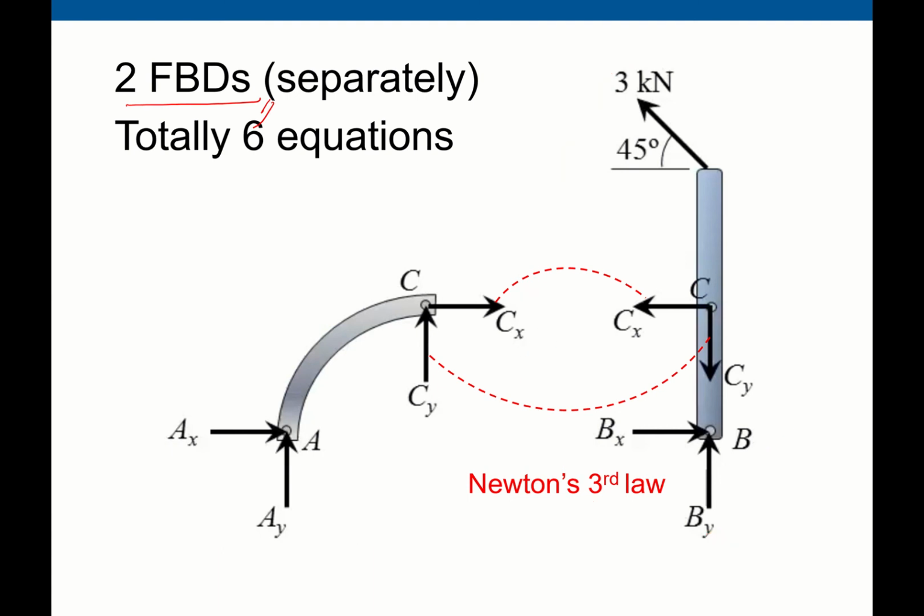And you can see that based on Newton's third law, these are the same. Action, reaction. Then we can solve the problem with the six equations, but it takes a very long time, as you understand.